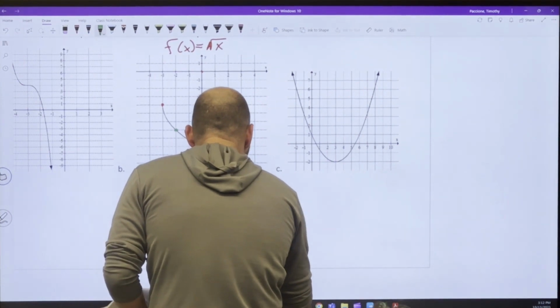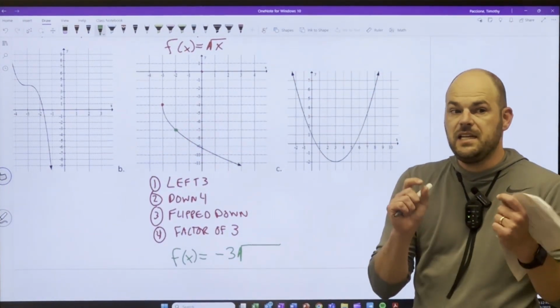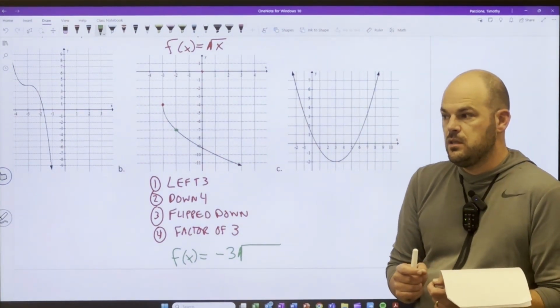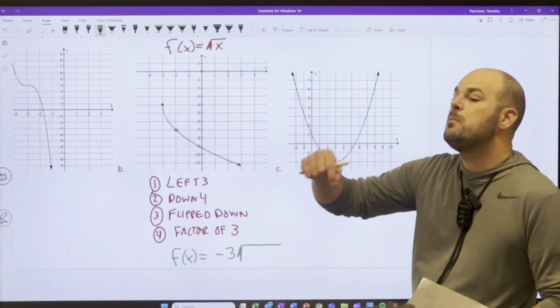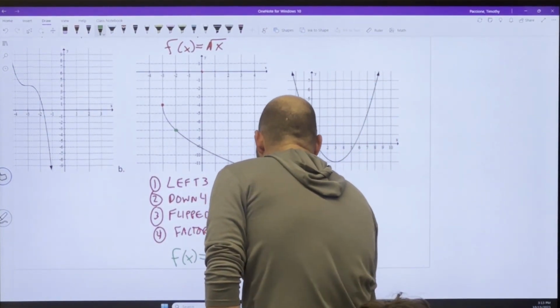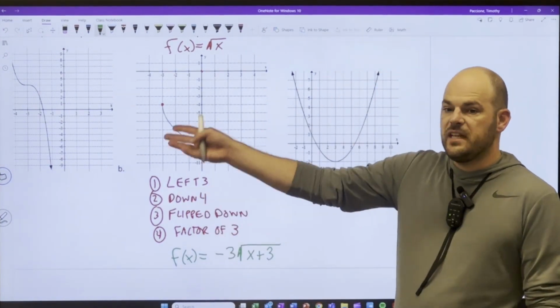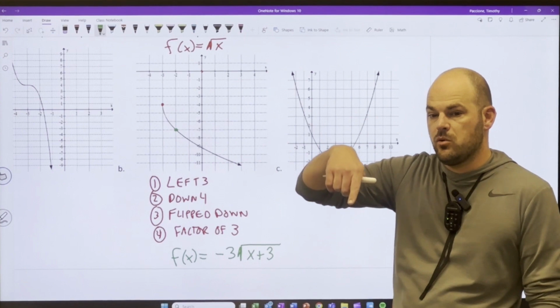This is a square root that I'm going to open up. If I go left or right, I need to do stuff on the inside. It went left 3. So I write plus 3. So x plus 3. And then it also went down 4. That's always the last thing we do is up or down. And it's going down 4, so I'm going to write minus 4.